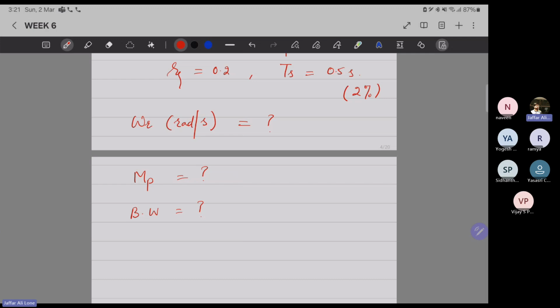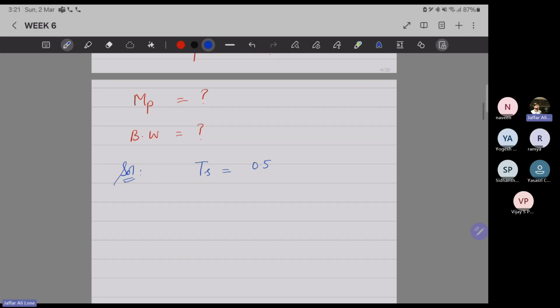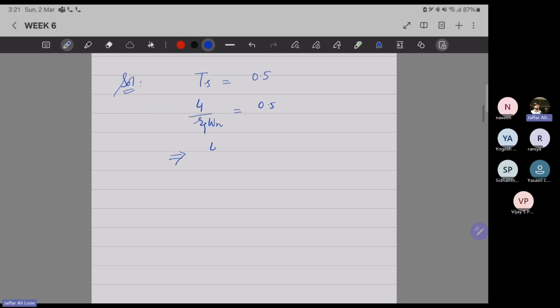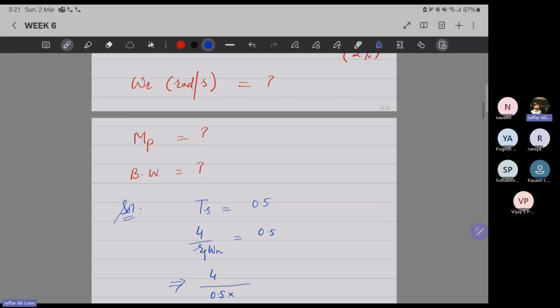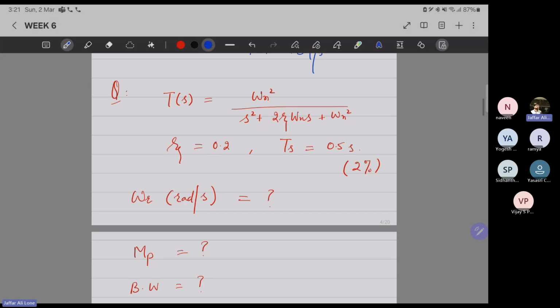I'll give you one hint. We are given settling time Ts as 0.5 seconds. And if I consider 2% settling time band, then it will be 4 over zeta omega n is equal to 0.5. It implies 4 into, what's this? The 0.5, it's given as settling time, and what's omega? Omega n.